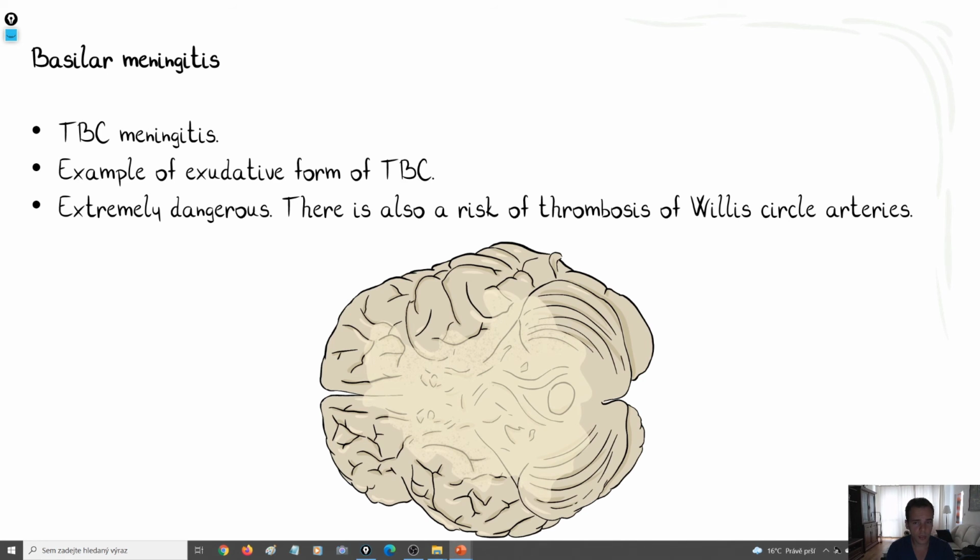There is also a risk of thrombosis of Willis circle arteries because on the base of the brain there is the circle of Willis. So the infection can affect also the arteries of the circle of Willis with subsequent thrombosis. So even the basilar meningitis can complicate itself by this problem. So basilar meningitis is very dangerous.